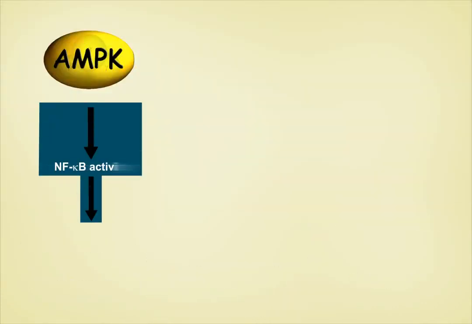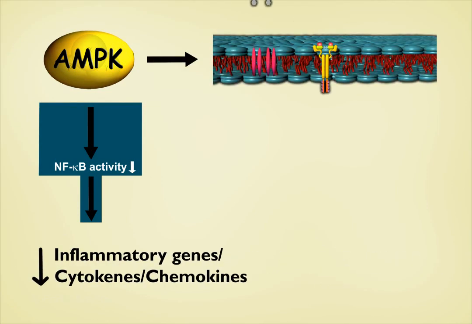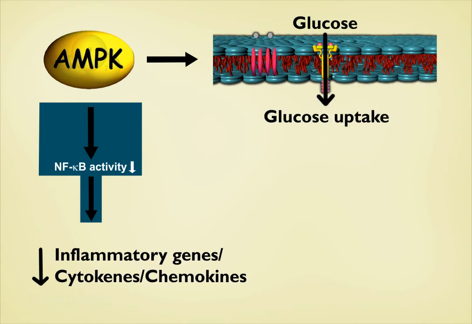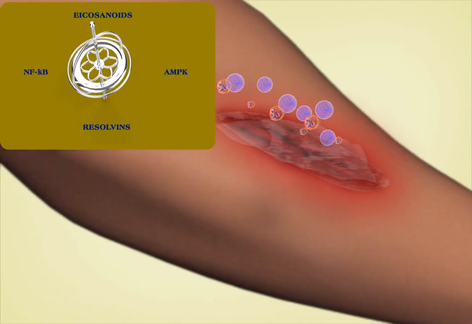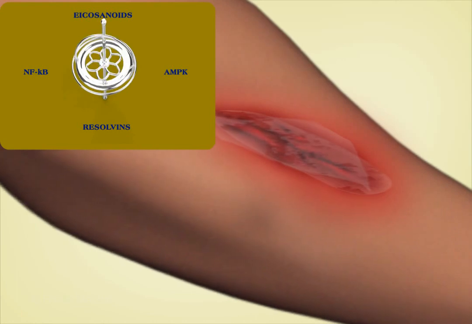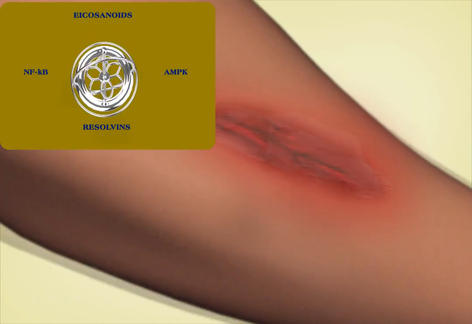AMPK, the body's primary sensor of both energy and glucose, induces tissue repair by activating various gene transcription factors. This, in turn, promotes the regeneration of damage caused by initial inflammation and inhibits NF-κB. An appropriate zone of inflammation is maintained, along with optimal healing from any injury, as long as the molecular factors are balanced.